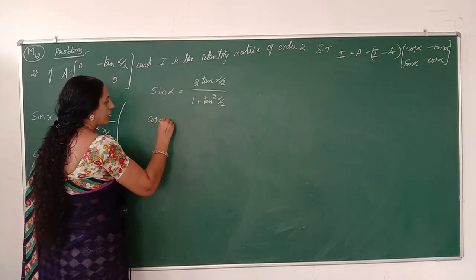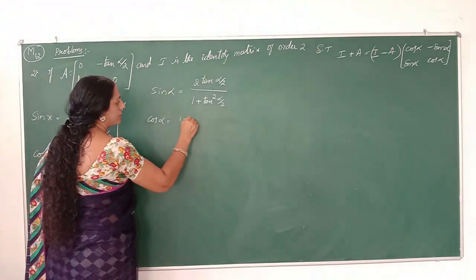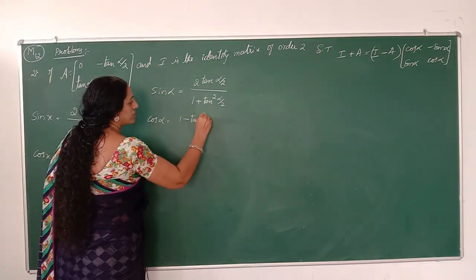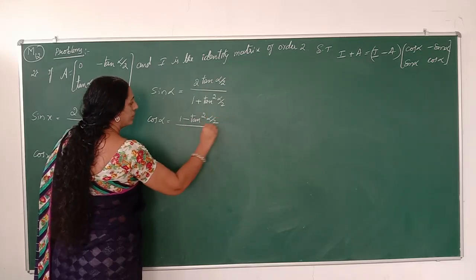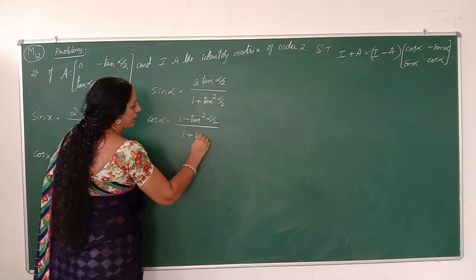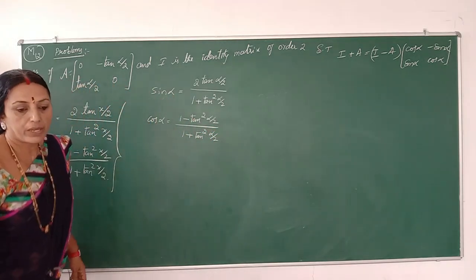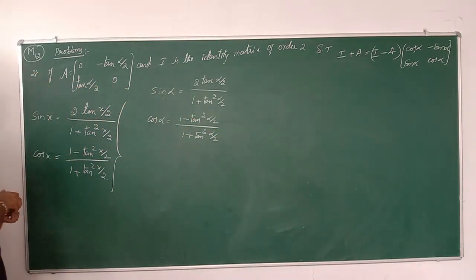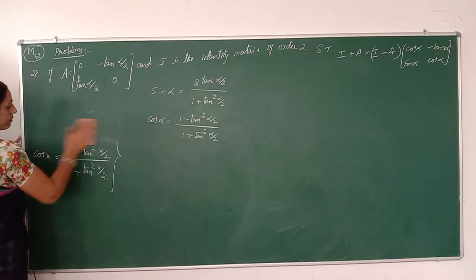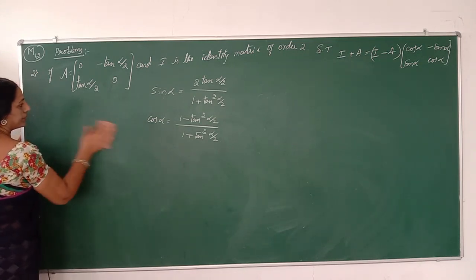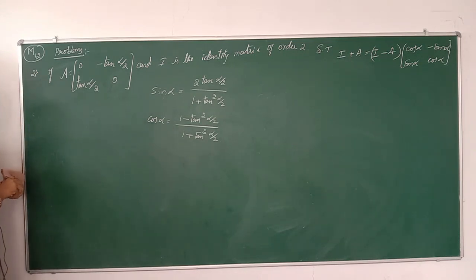Similarly, cos alpha can be written as 1 minus tan square alpha by 2 divided by 1 plus tan square alpha by 2. So by using these two results, the given matrices are represented in terms of tan.